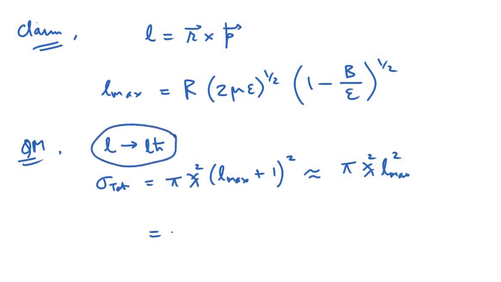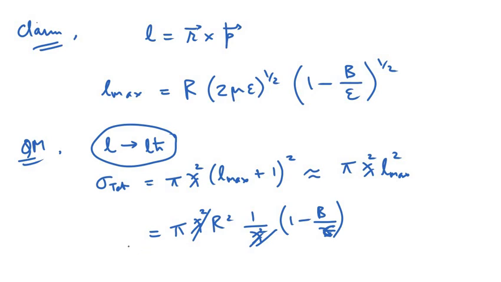So we can write this as pi lambda-bar square R square into 1 by lambda-bar square into (1 minus B by epsilon). Now here these two get cut.